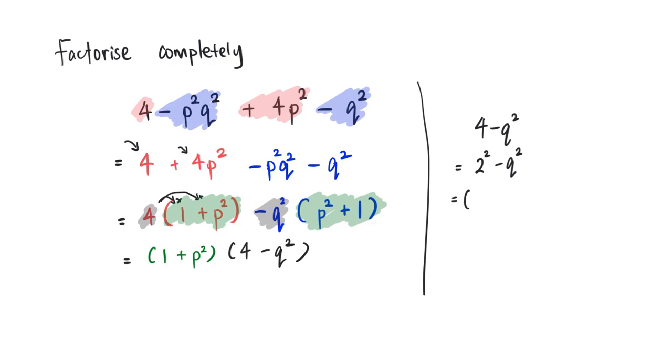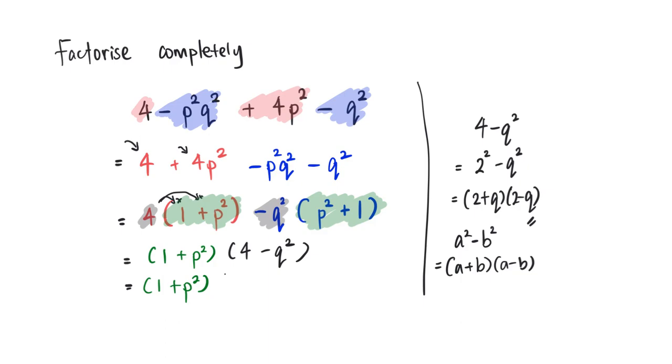Meaning, I could continue to factorize them using the algebraic special product of a square minus b square equals to a plus b, a minus b. So the final answer for this will be 1 plus p square, 2 plus q, 2 minus q.